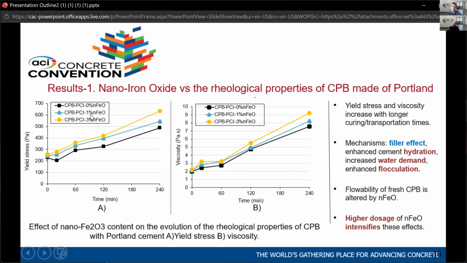Anyway, so the yield stress, you see, it increases by increasing the nanoparticle. See, it's more than 600 Pascal for 3% of the binder, and we have 500 for none. The viscosity is higher as well. The shear strength is higher and the viscosity is higher.